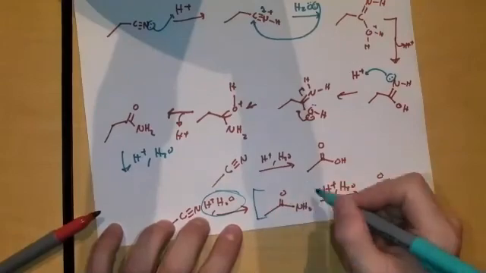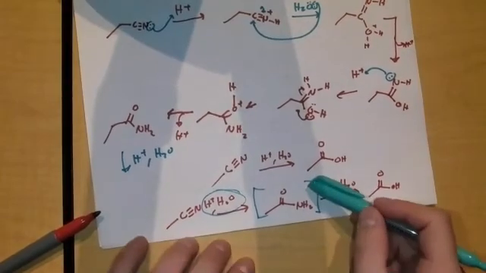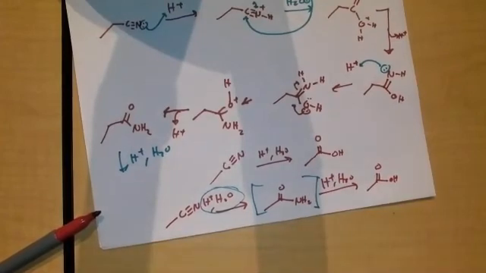But really, this middle one is barely observed. You're really going to just force all the way through to your carboxylic acid. So you can't actually make an amide this way through a nitrile.